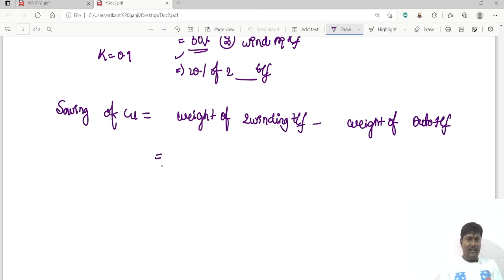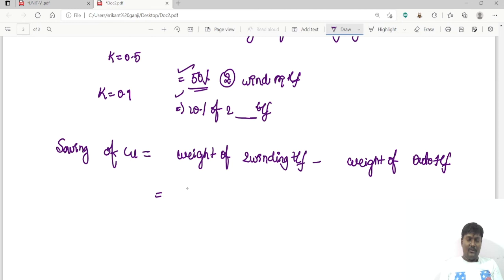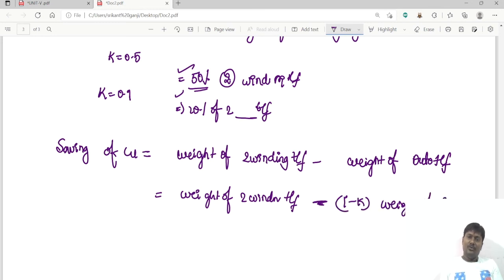So the weight of the two winding transformer minus (1 minus K) times the weight of the two winding transformer. The 1 will be cancelled, then K times the weight of the two winding transformer. So that is the saving of copper.